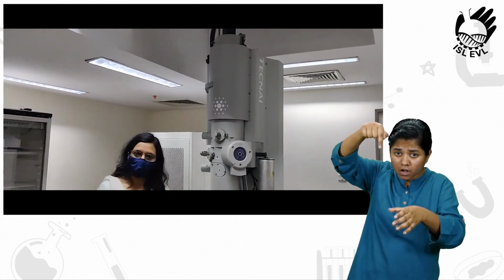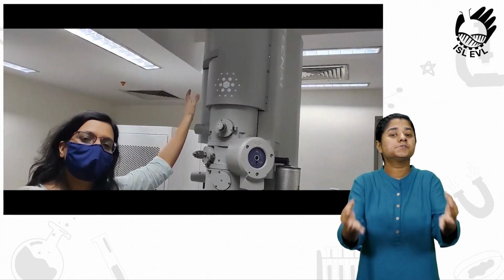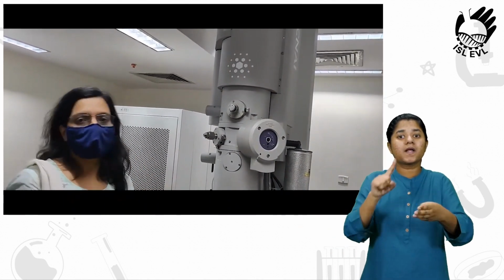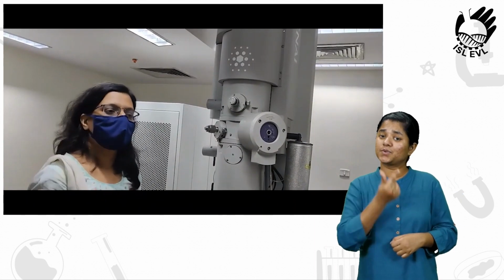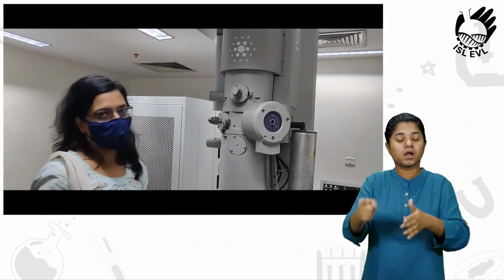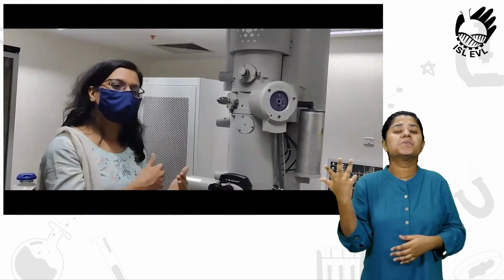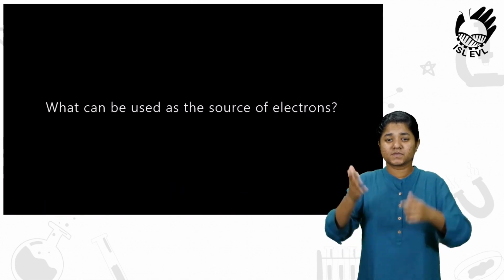So there is a source which emits electrons. The column is very special in the sense it has no air. It is a high vacuum column because otherwise the energy of the electrons will get dissipated. Electrons travel best in vacuum. So this is a long column because it needs a long travel time to get accelerated.